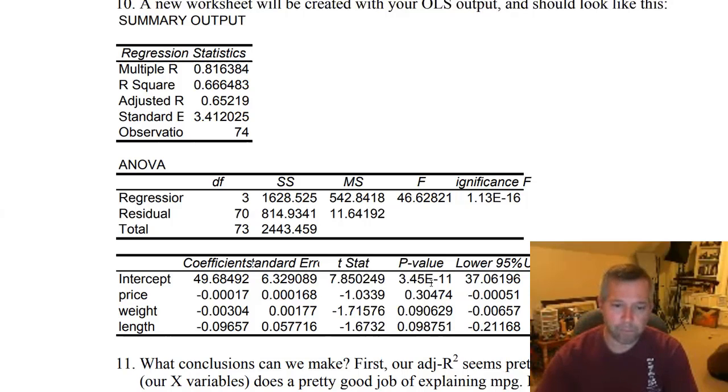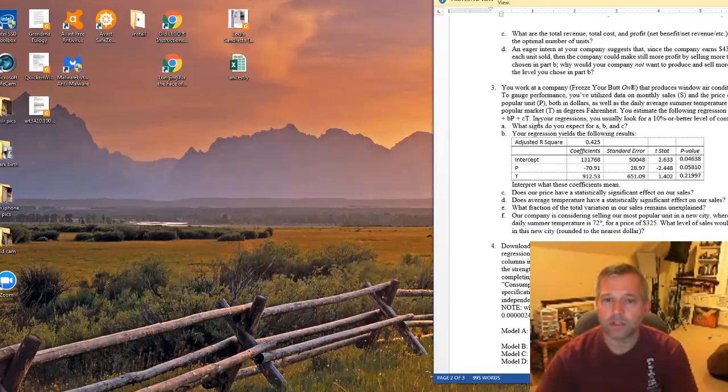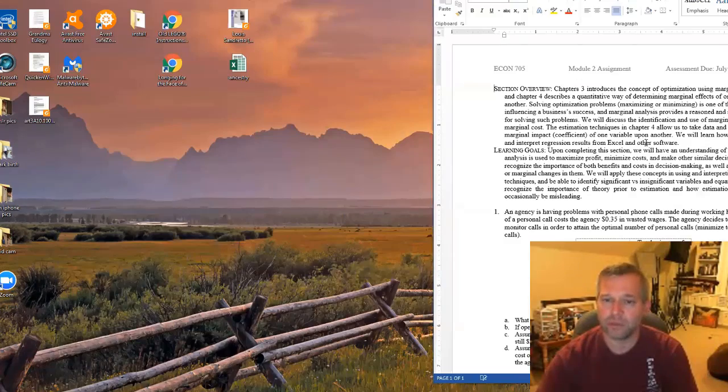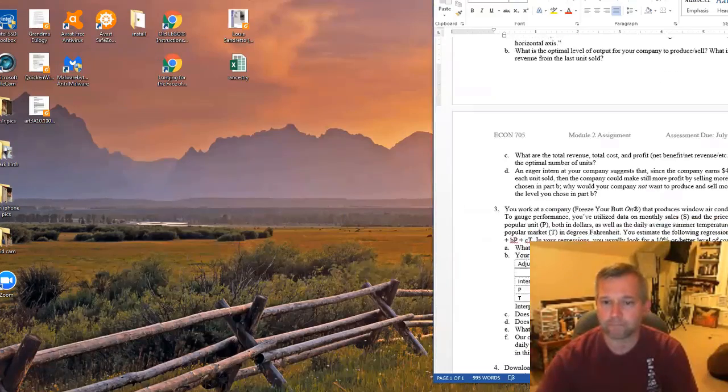I'm considering it in terms of our assignment. Our questions are, is it statistically significant on sales? So I'm trying to reason out at what level I would cut that off. Well, previous to that, it says in your regression, you usually look for a 10% or better level of confidence. I'm already giving you what the confidence level should be.